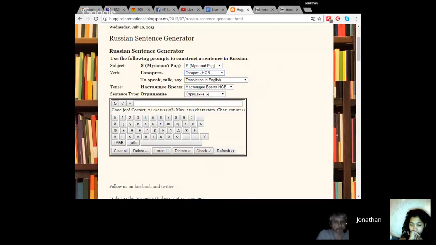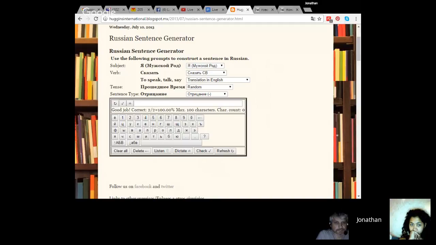And its partner for the perfective would be skazat. So I've put these verbs in order of the imperfective followed by its perfective, because most books will let you know what the partner verb is.